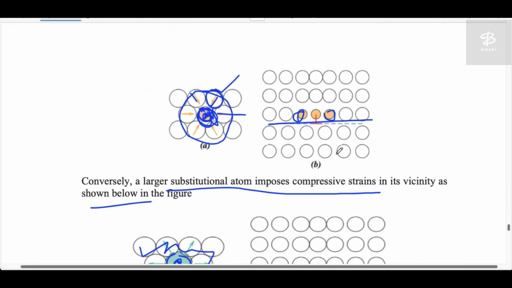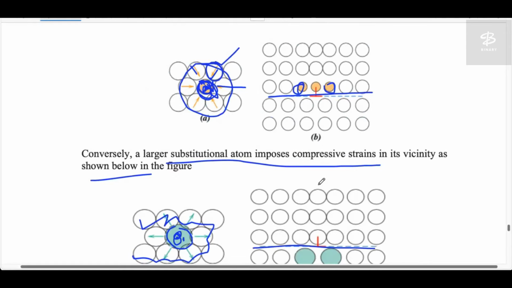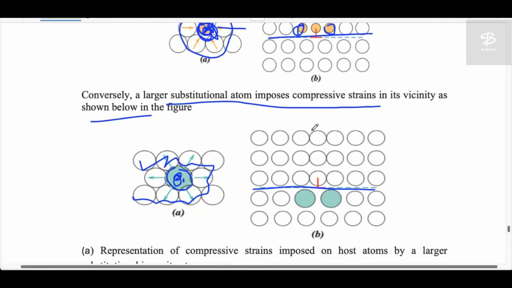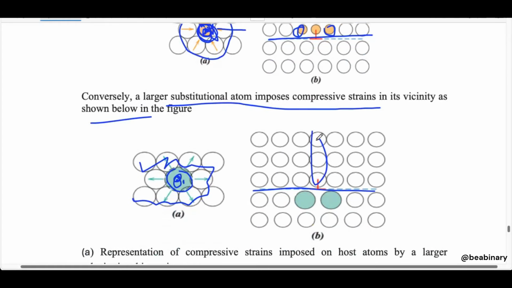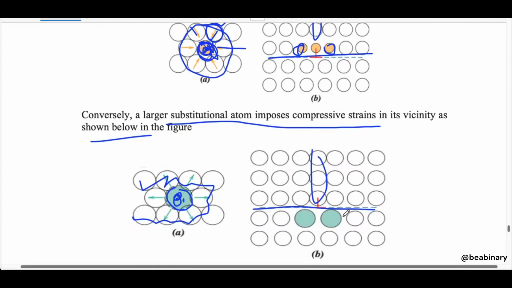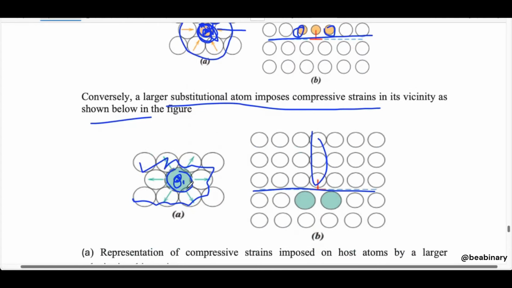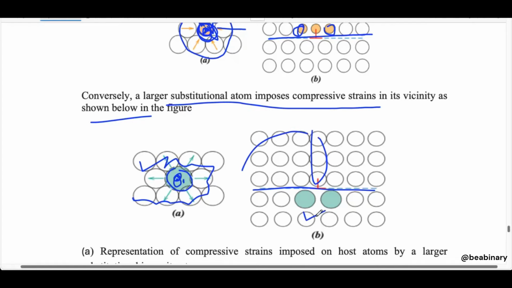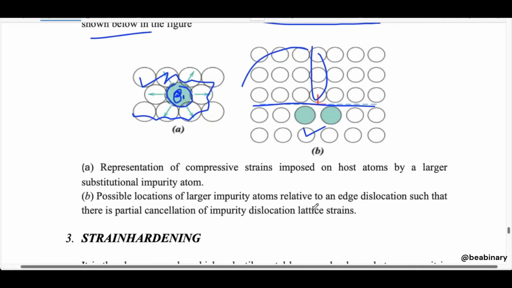As you can see here, this is also an edge dislocation. But what happens here? Due to the compressive nature in the crystal, they make these kinds of arrangements, and that will stop your dislocation movement.